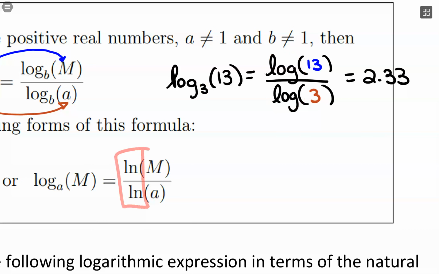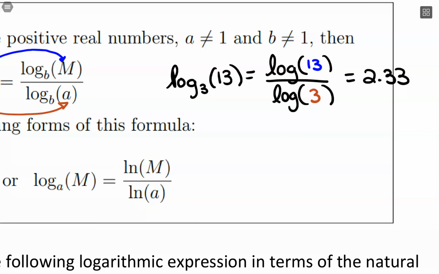What if I had changed it to base e? In fact, I most often go to this base e form, the natural log. There are just some calculators where that button's a little easier to find. With the Desmos calculator, that really isn't the case here, but most typically, I use this form.